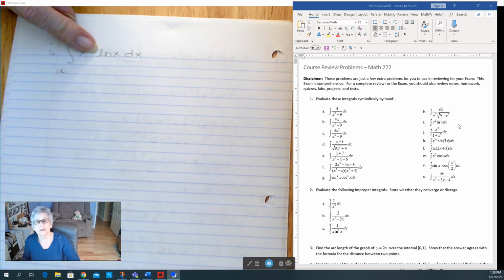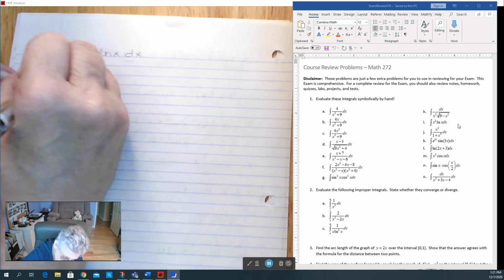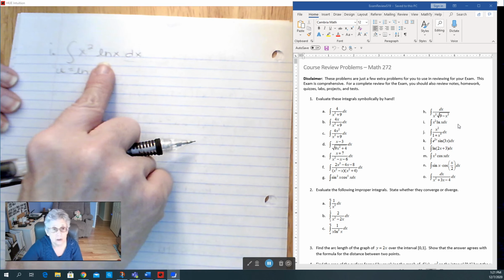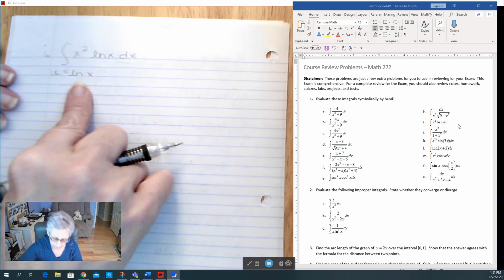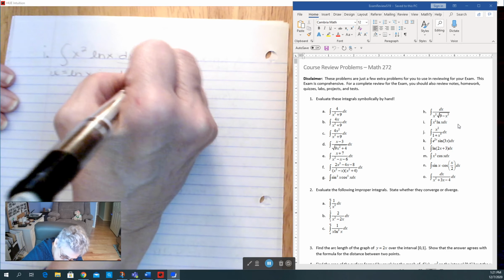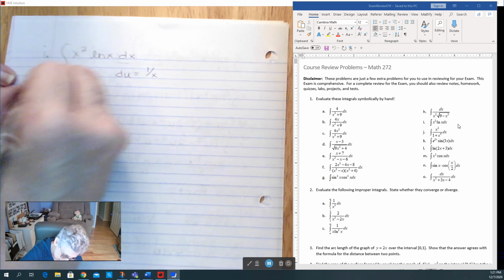Log is definitely not something easy to take the integral of, so u is equal to ln. If you have a natural log, it's going to be your u. So du is equal to 1 over x.